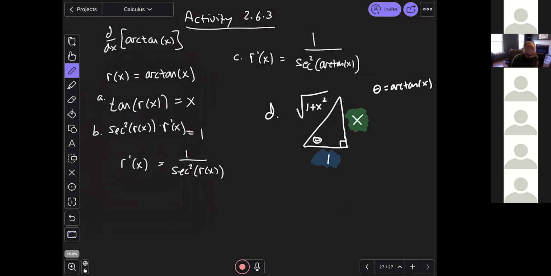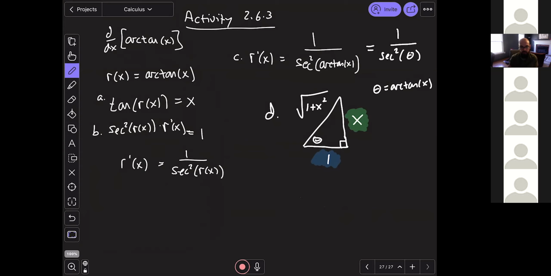Okay, all right, so what we're looking for now is I can think about this as r prime is 1 over secant squared of theta. So the question is, what can I do to simplify this? Now I need to think about what secant squared is.